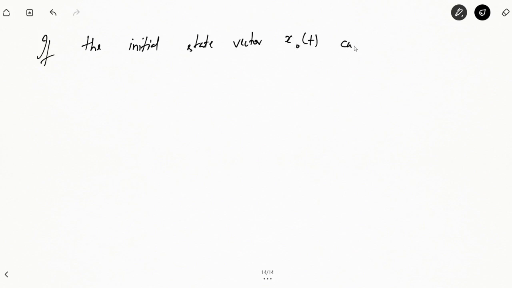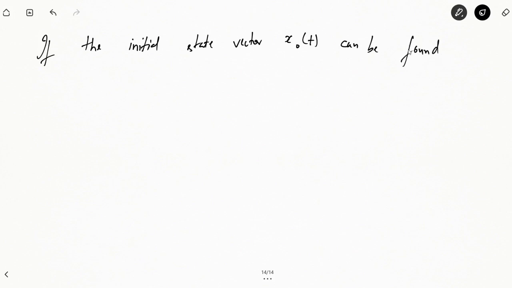Or going into a more precise definition, if the initial state vector, that is basically x naught t, can be found.